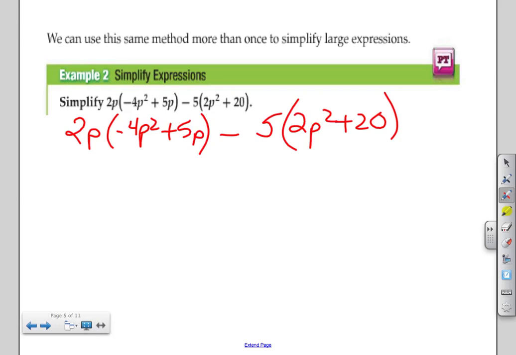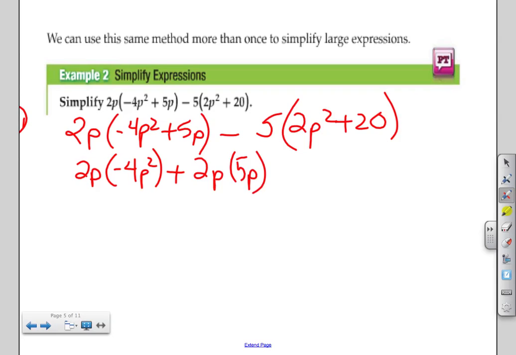All right. So that was our first step, is to write that. Now let's distribute 2p times negative 4p squared, right? We have to multiply those two together. Plus we have to multiply 2p times 5p. Okay, we got that guy taken care of.